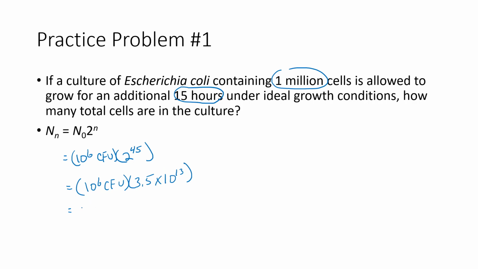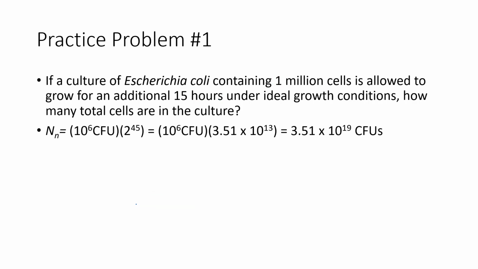So this would end up being 3.5 times 10 to the 19th cells, or CFUs. And just to double check, I solved this problem earlier, and in fact, yes, 3.51 times 10 to the 19th CFUs.